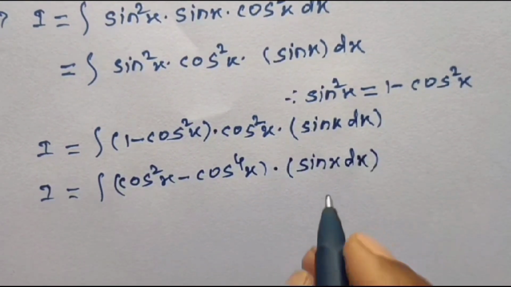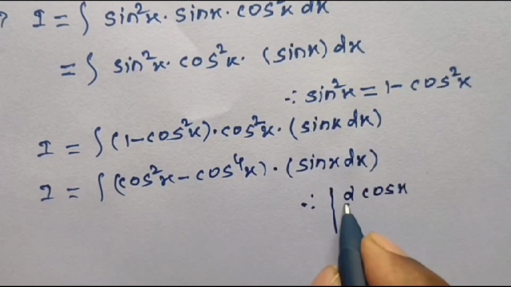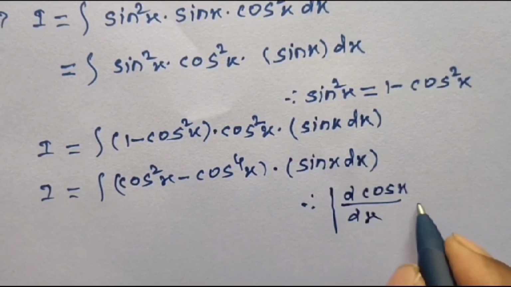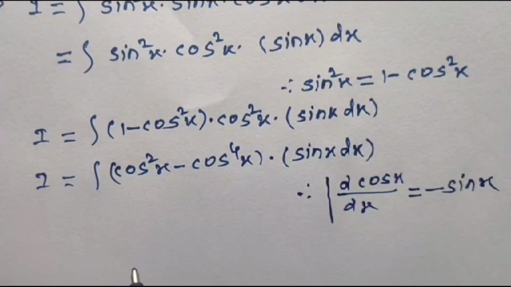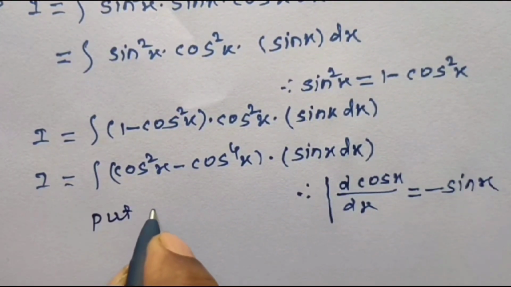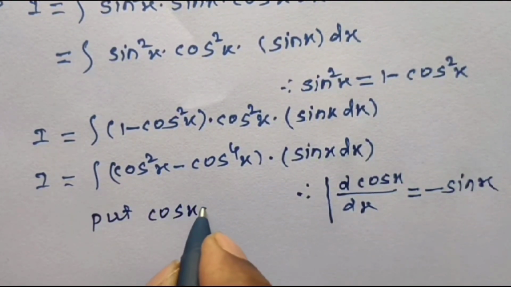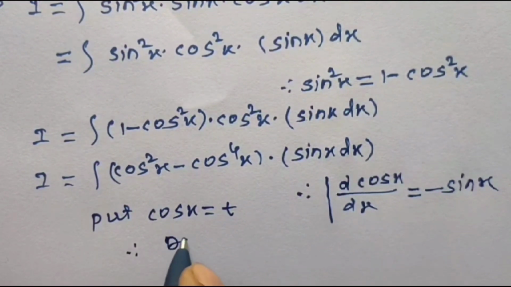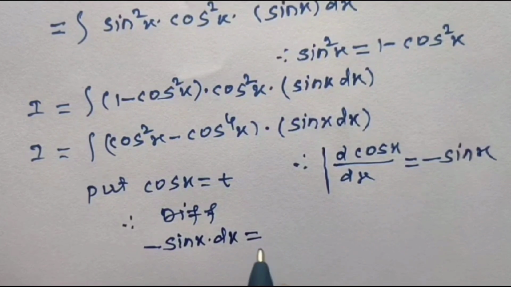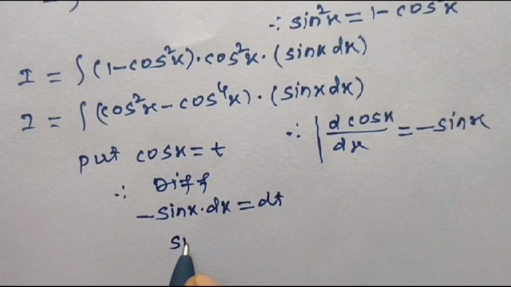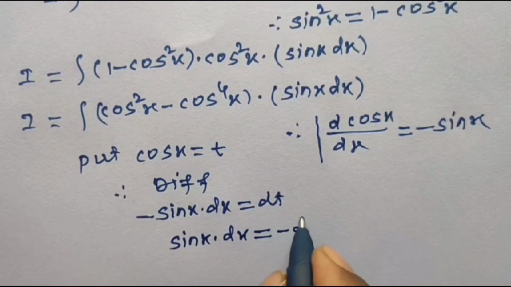Now we know the derivative of cos x with respect to x is given by minus sin x. Hence we are using here the substitution cos x is equal to t. Hence differentiating this, minus sin x dx is equal to dt. Hence sin x into dx is equal to minus dt.